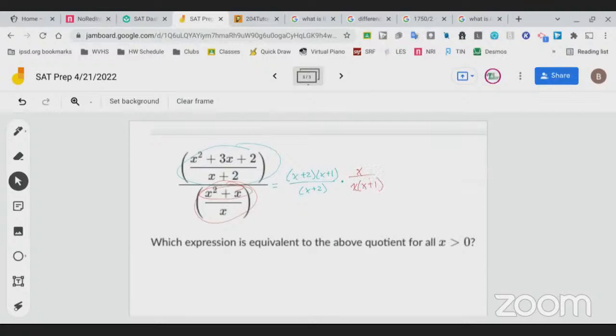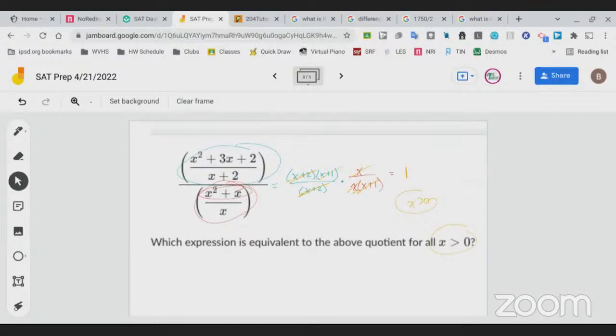Yeah. Now what cancels out of these things? An x plus 2 cancels out, an x cancels out, and an x plus 1 cancels out. Everything cancels out, which means I'm left with what? It means you're left with 1. And the reason they said for x is greater than 0 is because what three values are you actually not allowed to plug in here?